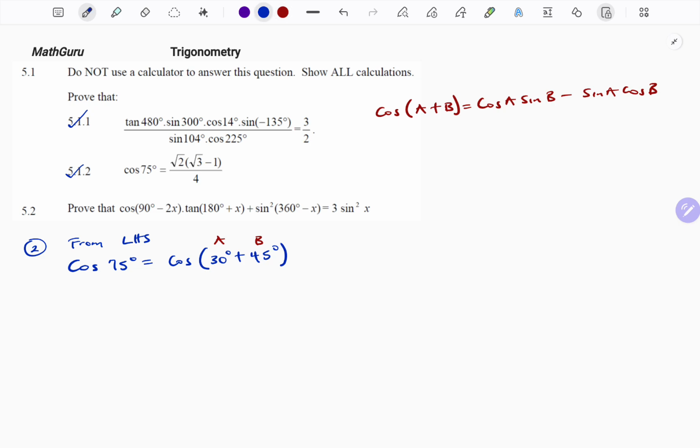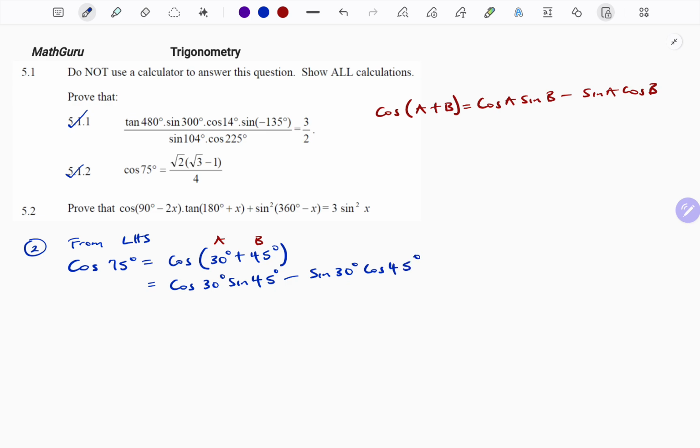So therefore, this is equal to, I'm using the expression on my right. So I have cos A cos B, cos 30 cos 45 degrees minus, then I have sine A sine B, sine 30 sine of 45 degrees.